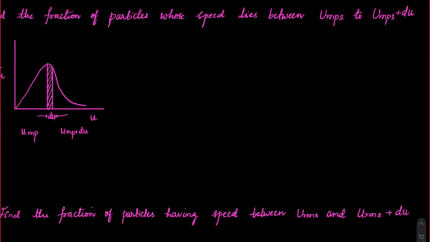If I subtract these two, u mps plus du minus u mps, I'll get this as du. So between this du, how many fraction of particles do we have? Basically we need to find out dn by n. This is what I need to find out.